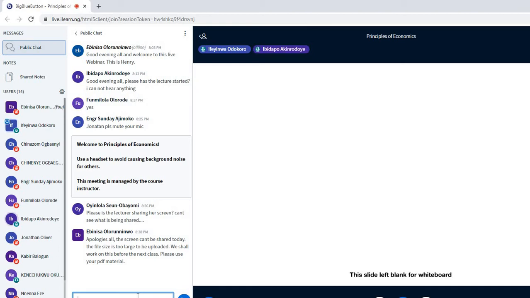And on the horizontal axis, we have quantity 1, quantity 2, and quantity 3. So the graph basically shows the demand relationship between the price and the quantity of goods and services.